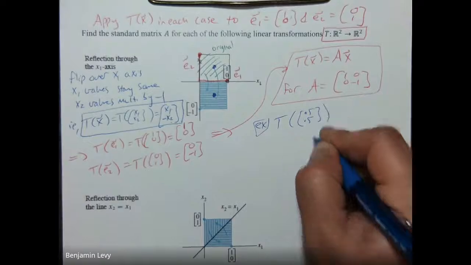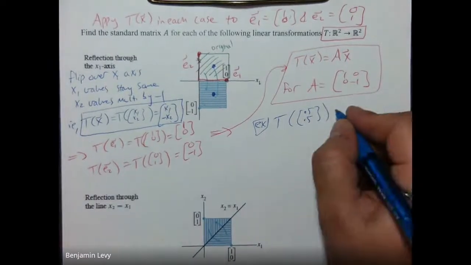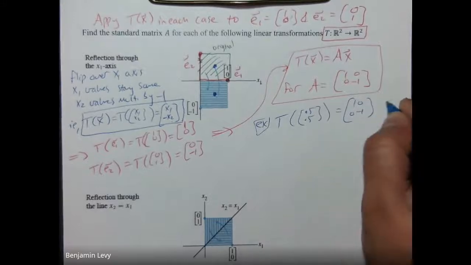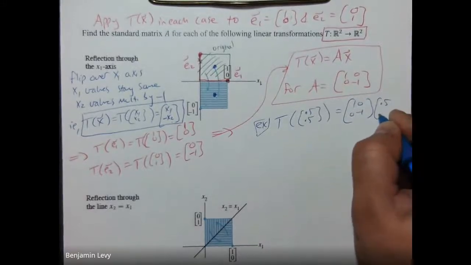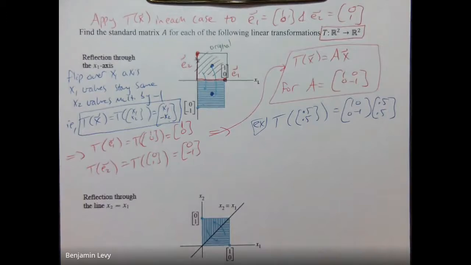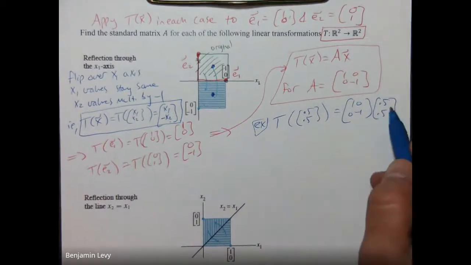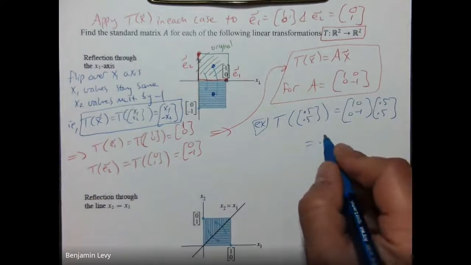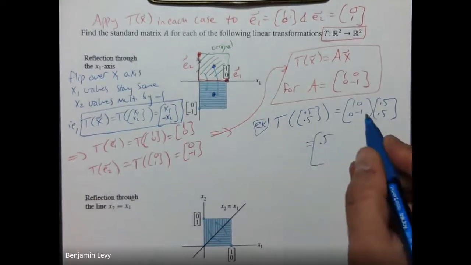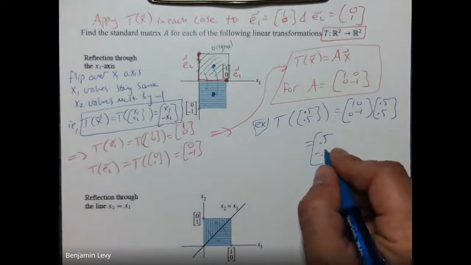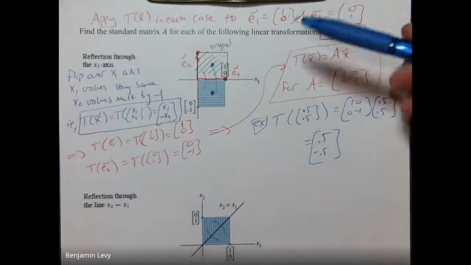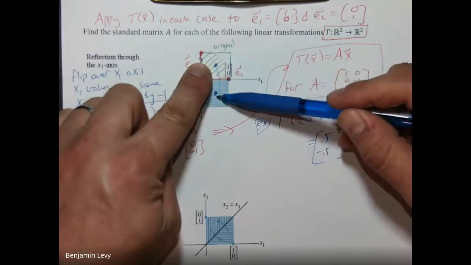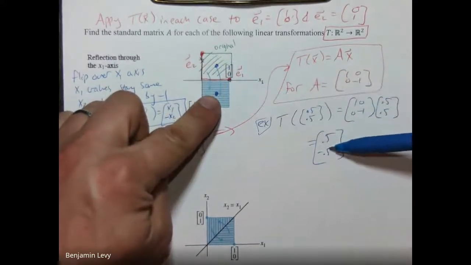What this is telling us to do is to multiply this vector by the matrix we just found. When we do this multiplication, these multiply and you get 0.5, and these multiply and you get -0.5. That's exactly what this point is right here. We applied the transformation to the top point, and it flipped it down to this bottom point right there.